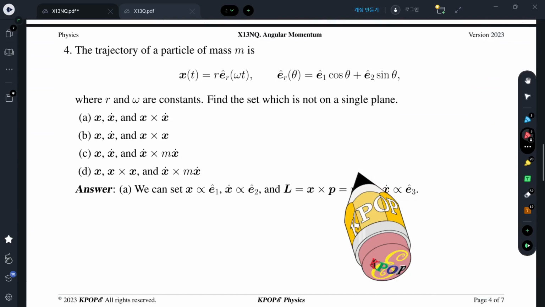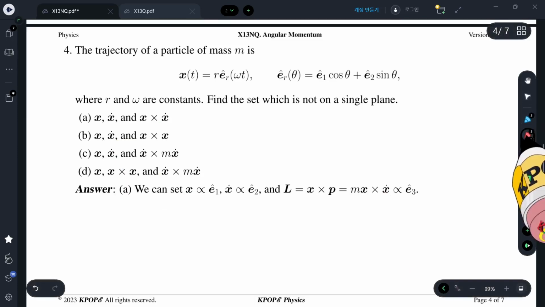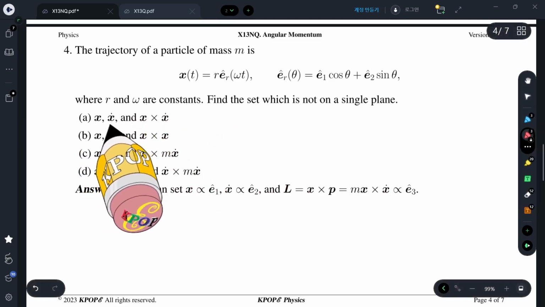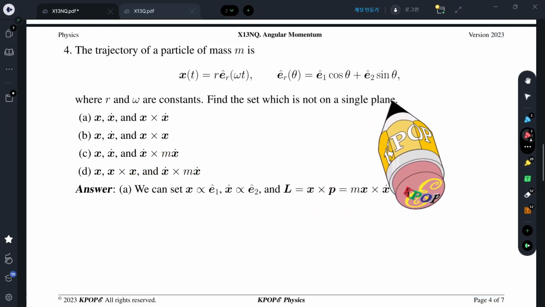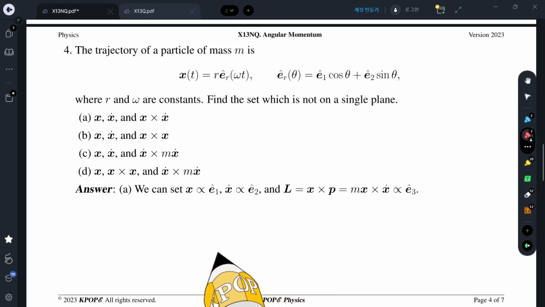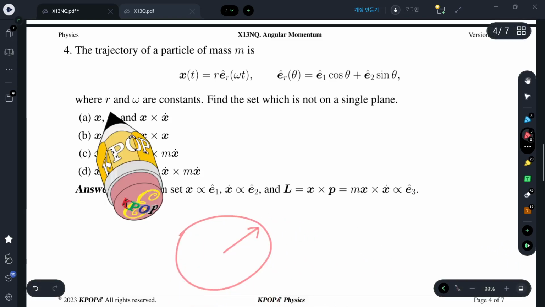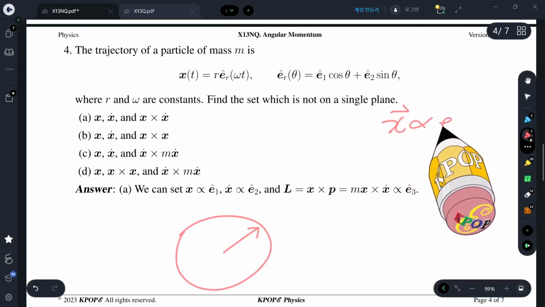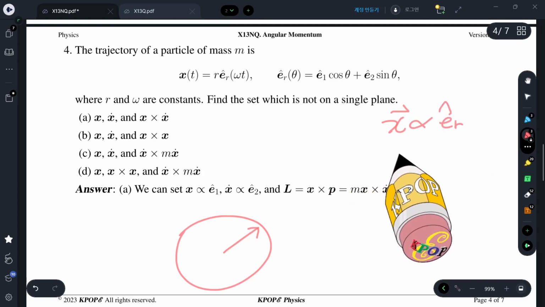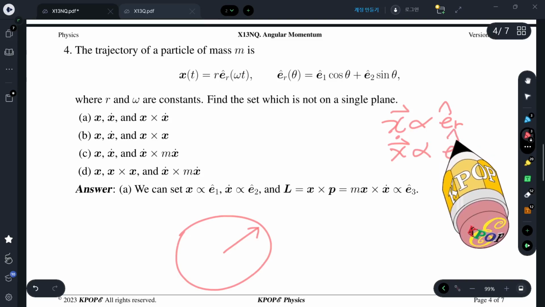Trajectory of a particle of mass m is, again, the same problem. Find the set which is not on a single plane. X is on the xy plane. X is parallel to, proportional to ER. X dot is proportional to E theta.